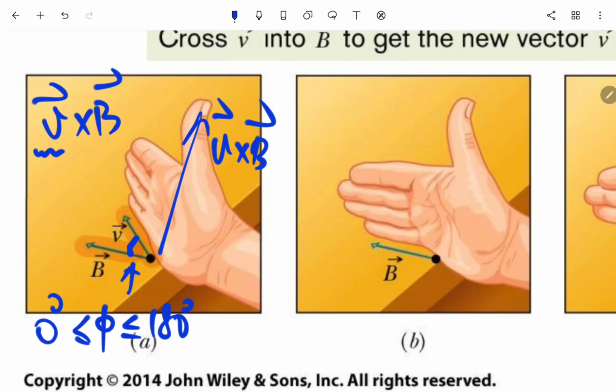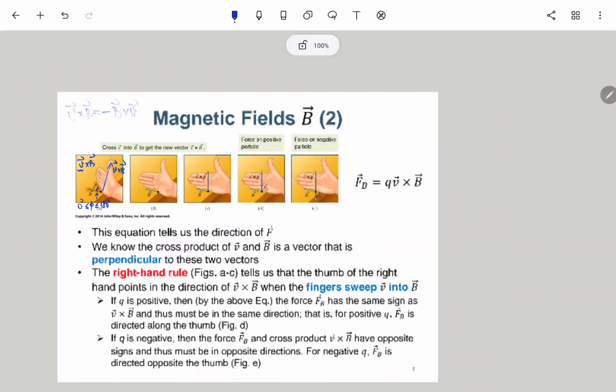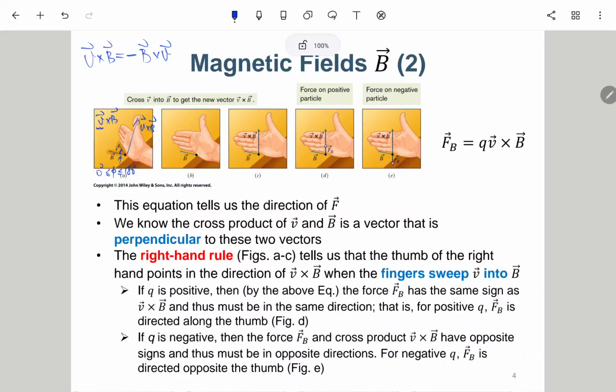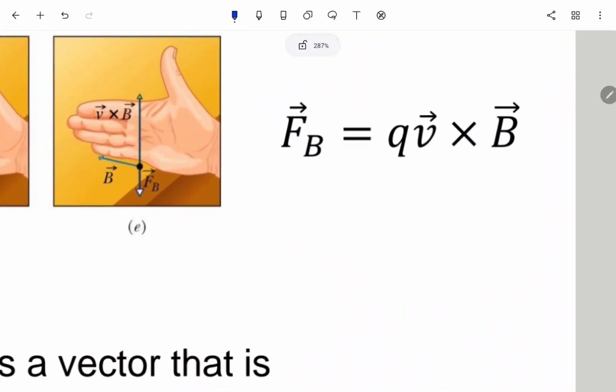That is not correct. Make sure that phi is between 0 and 180 degrees. So now we know how to determine the direction of a cross product.